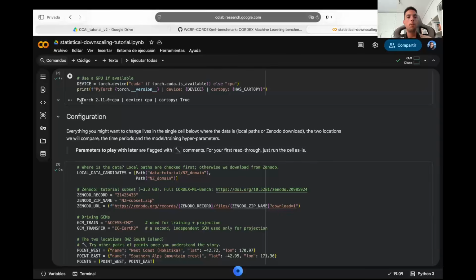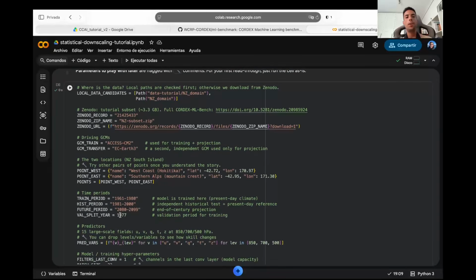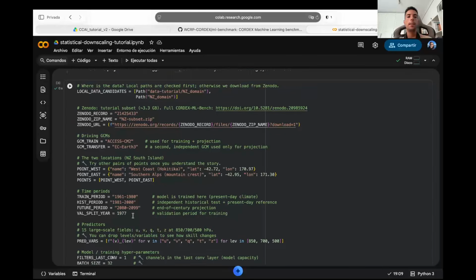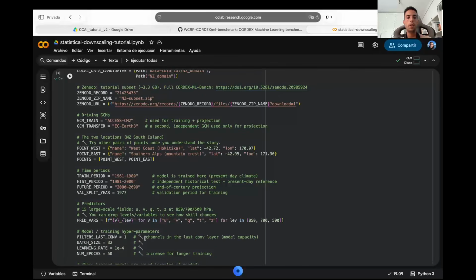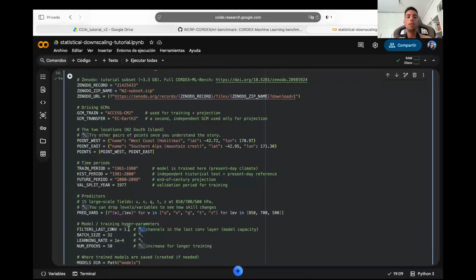And then you have this part of the notebook, which is the configuration. Here I have included some parameters that define some aspects of the tutorial or of different parts of the tutorial. The idea is that you can change the values of some of these parameters, so to speak. So you can try to play with different aspects of the tutorial to change different things.